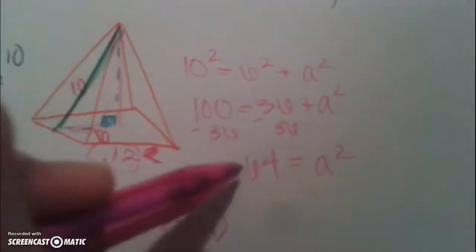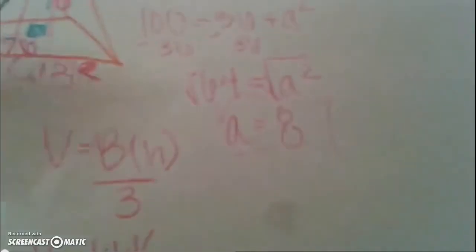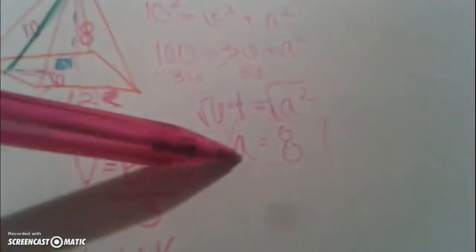That gets us 64 equals a squared, and after square rooting it, you get the height of 8. So we put that here and finish up our volume, which is 144 times 8, divided by 3, and that gives us a volume of 384.